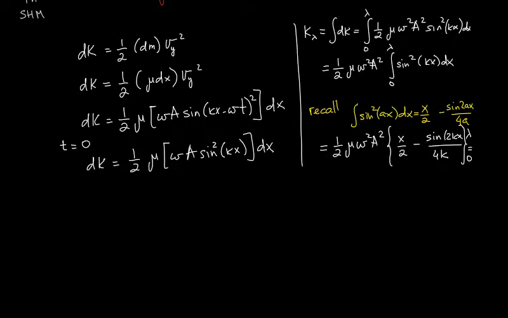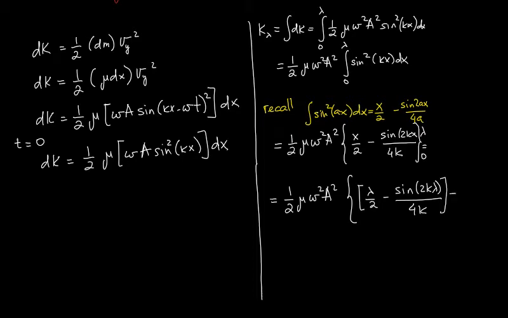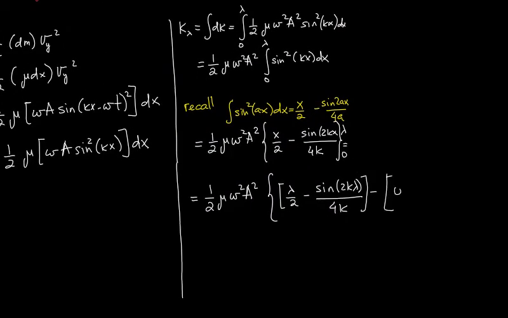That equals 1/2 mu omega squared A squared, and I'm going to plug in the values: lambda over 2 minus sine 2k lambda over 4k, minus 0 minus sine 0 over 4k.